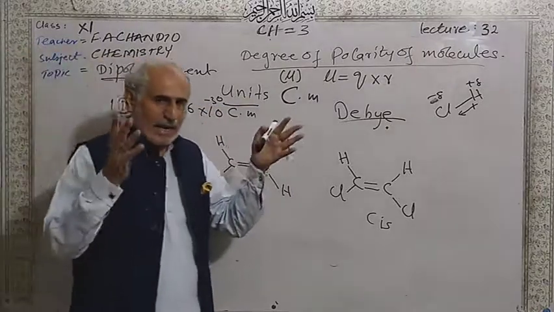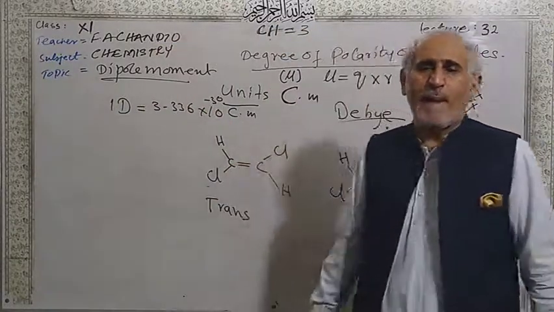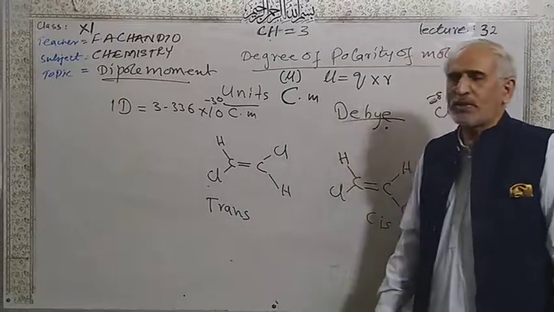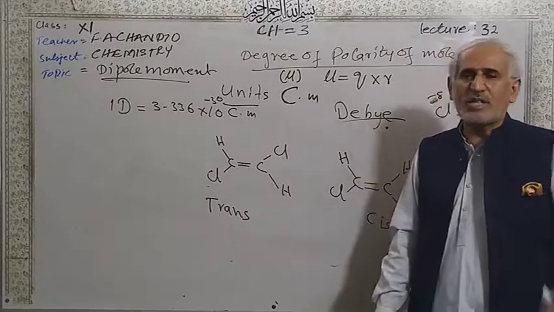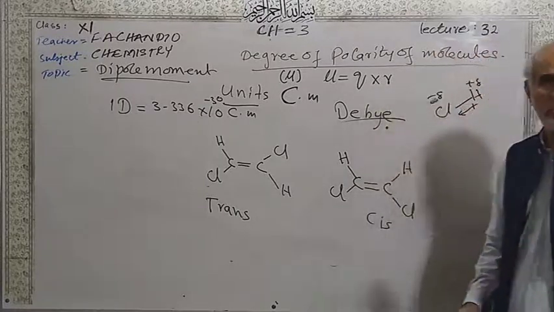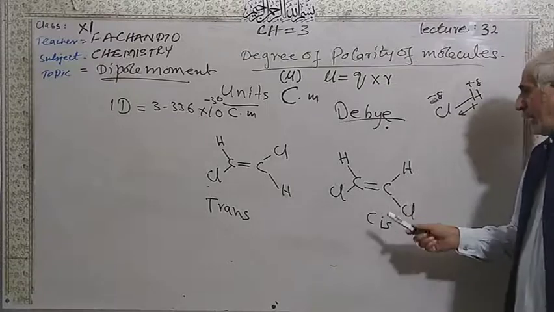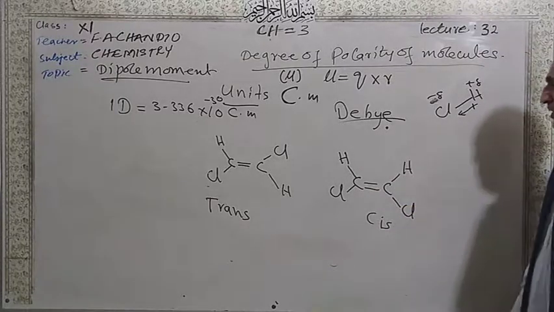If the identical groups are opposite, this arrangement is called trans arrangement. The name of this compound is trans 1,2-dichloroethene.